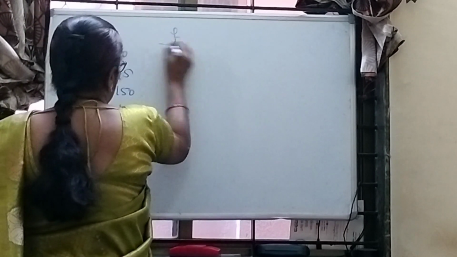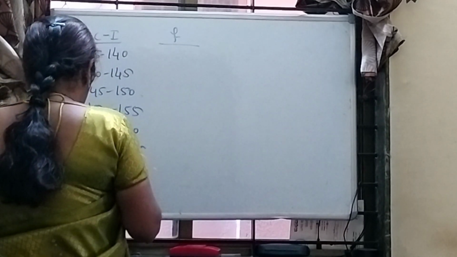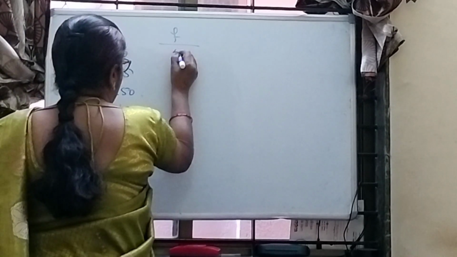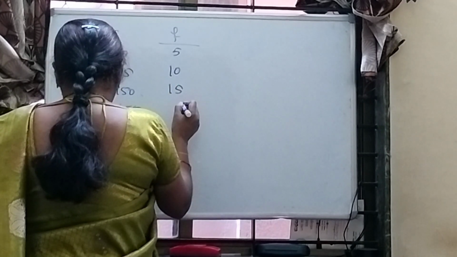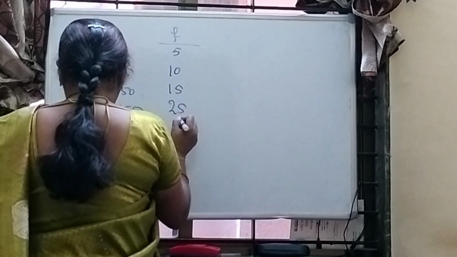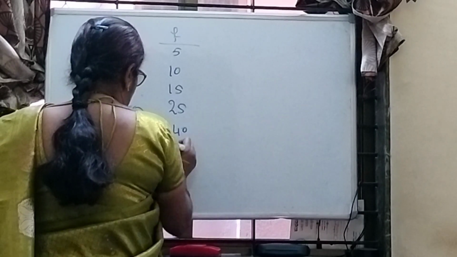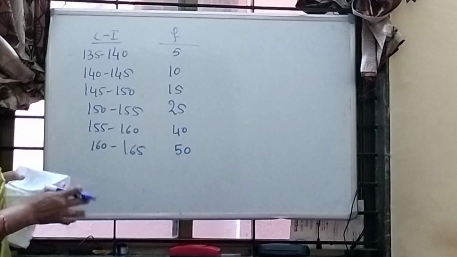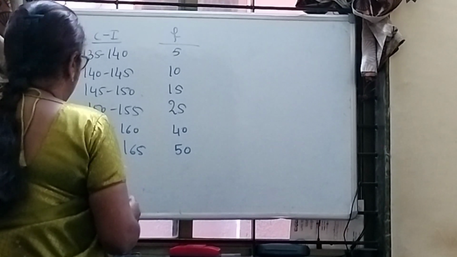Then the frequencies they have given, that is the number of students, directly as cumulative frequency: 5, 10, then 15, 25, 40, and last, the total number of students is 50.